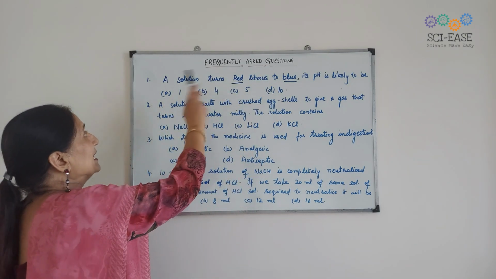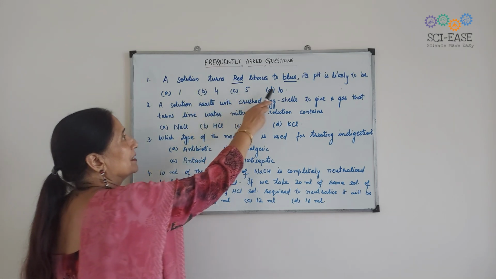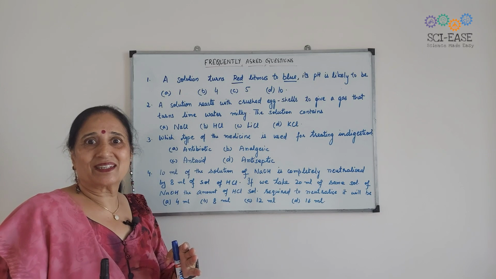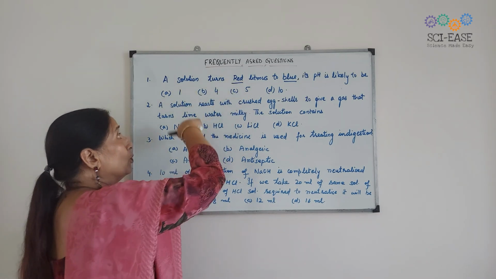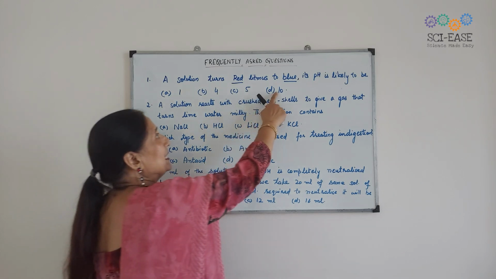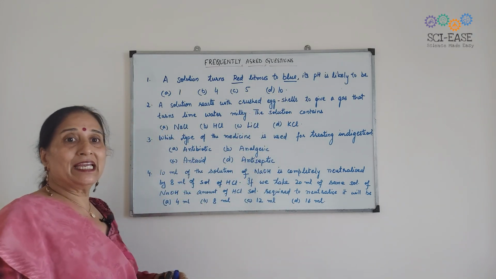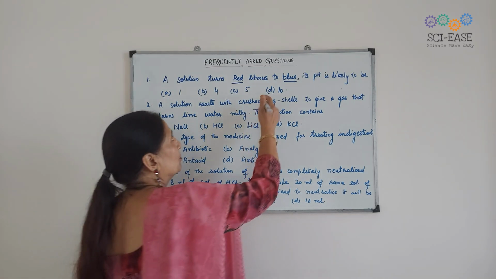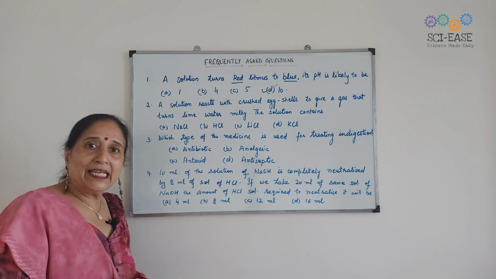So, pH 1 is correct, 4 is correct, 5 is correct, or 10 is correct? 10 is correct, because the other three will turn blue litmus to red. Only solution D, having pH 10, will turn red litmus to blue. So, you are to take this answer D.